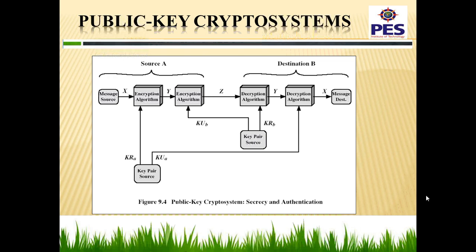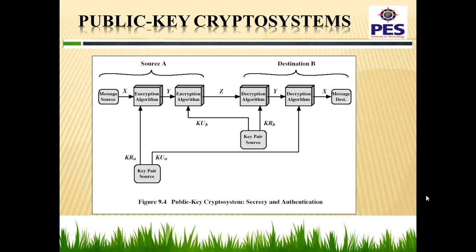Source A and destination B. Source A wants to send a message to B, so the message is converted using the encryption algorithm, with key Z, and that is given to the destination side.